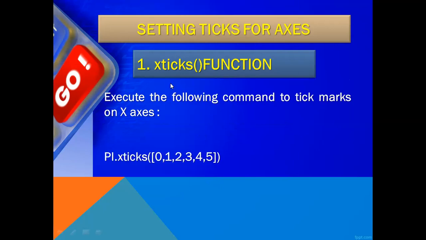So, setting ticks for x: see here, pl.xticks. This is how you have to set these values: 0, 1, 2, 3, 4, 5. These values you have to set with xticks.